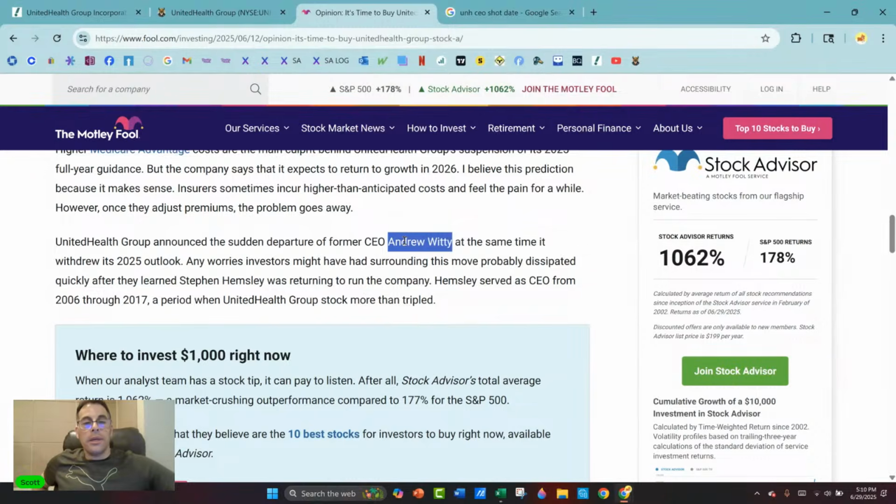Andrew Whitty left in 2025, so he was only CEO for a few months after the murder. Any worries investors might have had about this move probably dissipated quickly after they learned that Stephen Hemsley was returning. Hemsley was CEO from 2006 to 2017, a period when the company stock tripled.